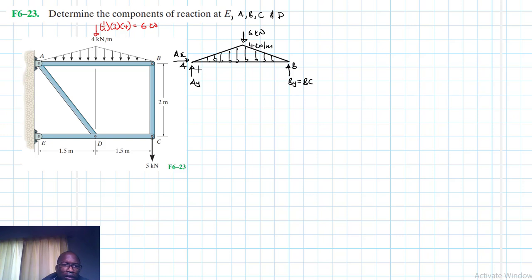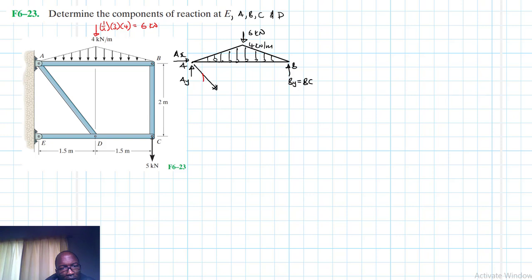Then here we have another member connected. Let's say this member is in tension, and this slope is as follows.